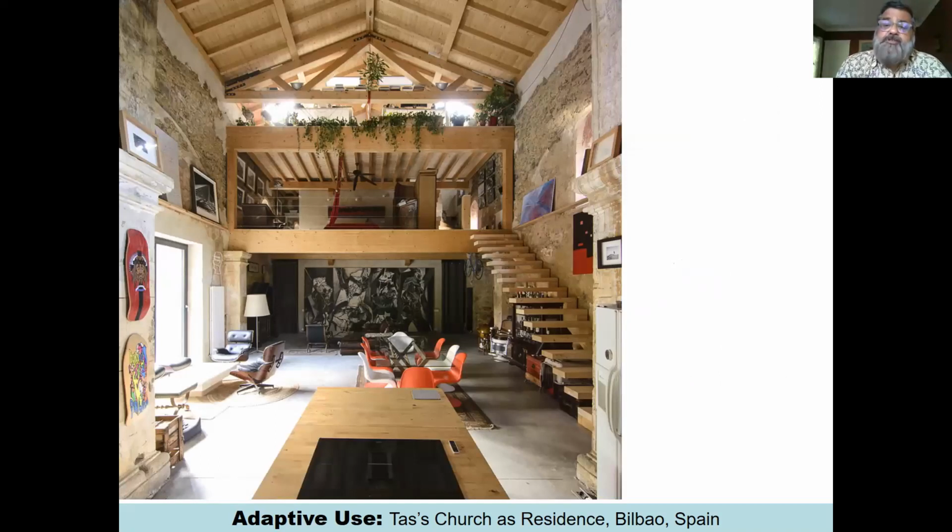And it was repurposed as a cozy modern house, while keeping the traces of history inside. You can see it in the materiality, you can see it in the form. So there's a lot of history in the modernization of this.